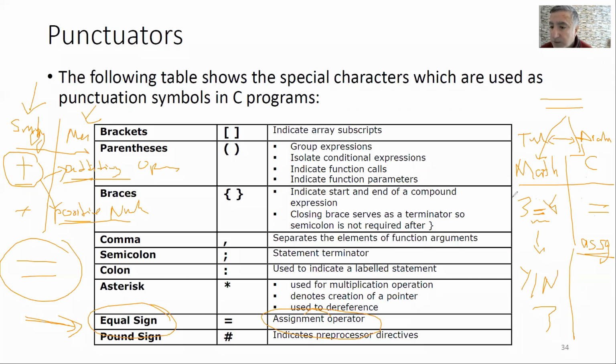For the equal meaning, we have another thing in C: the double equal sign. If you put two equal signs here, then it is equal. If it is single, we call it assignment. But if you use the double equal symbol, then it is equal as in mathematics. All right? I think it is clear.